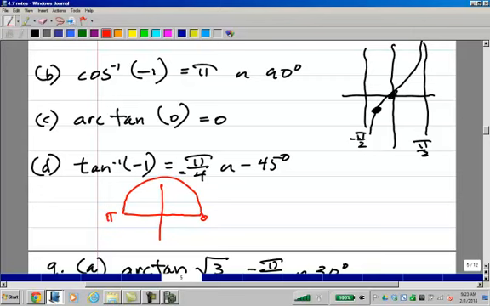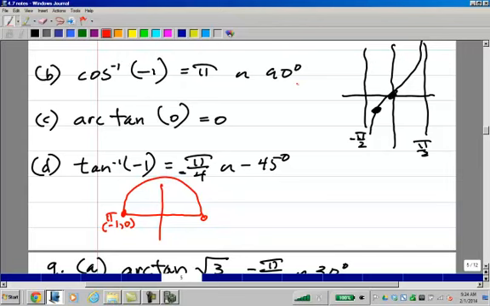And, well, where is the cosine negative 1? Well, right here. Okay, right? What are the coordinates here? Negative 1, comma 0 at pi. So if the input is negative 1, then the output has to be pi, or 180 degrees.